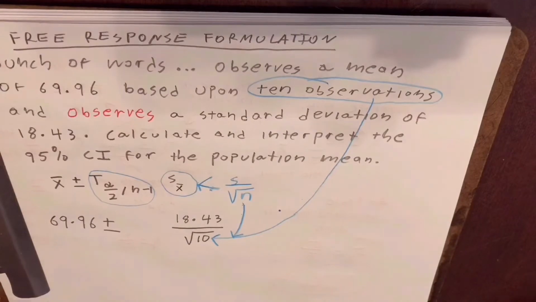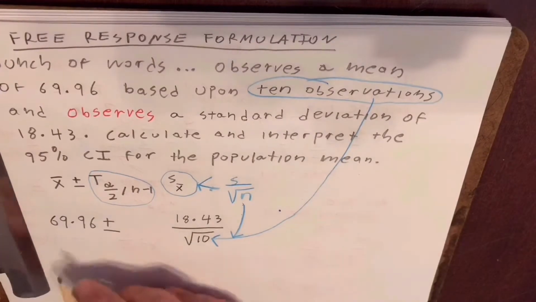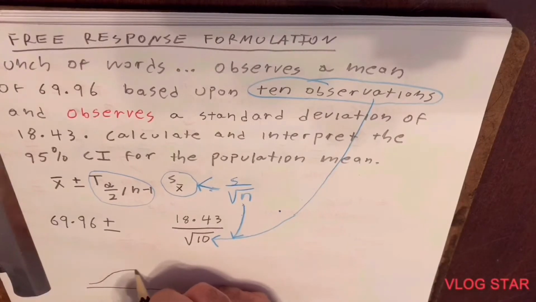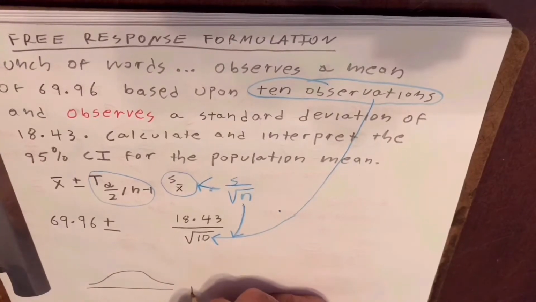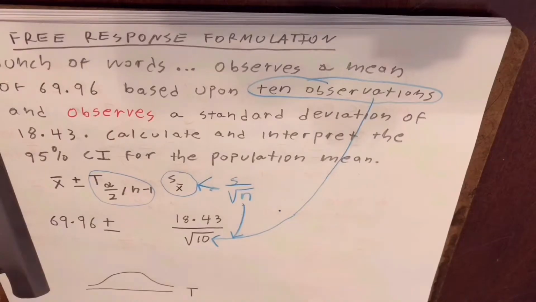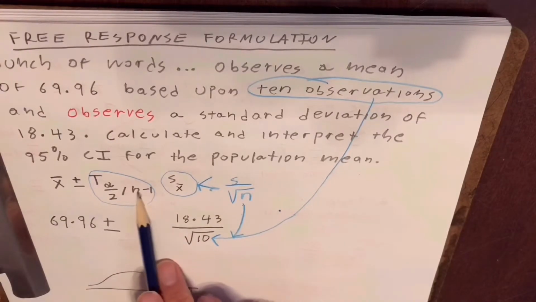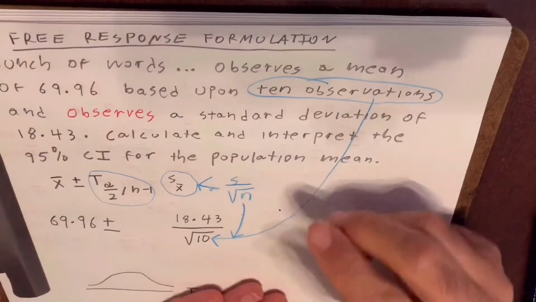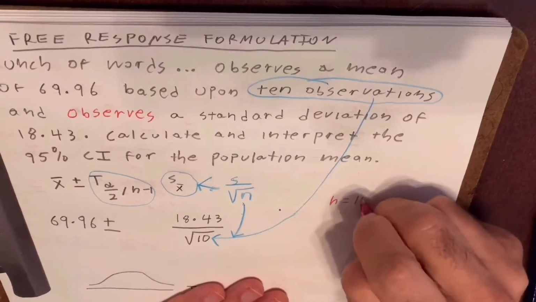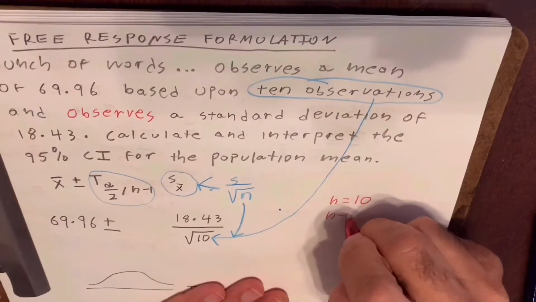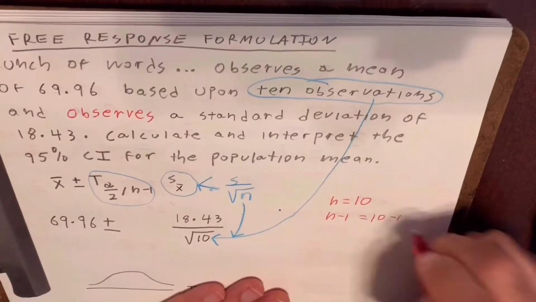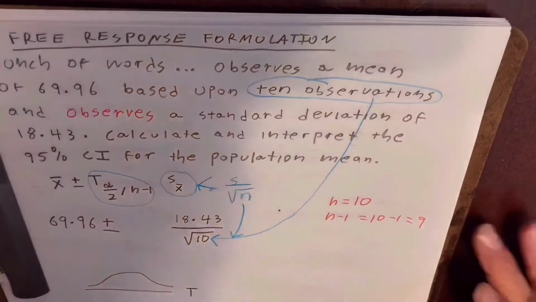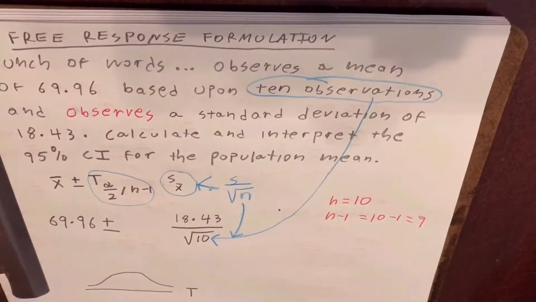And I want to show you a little picture of what this should look like. So this would be a T distribution. Now this n minus 1 degrees of freedom, n is equal to 10. So n minus 1 equals 10 minus 1, which equals 9. So this is a T distribution with 9 degrees of freedom.